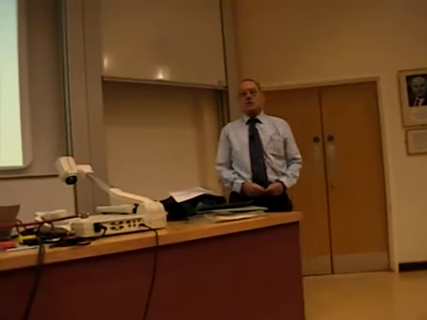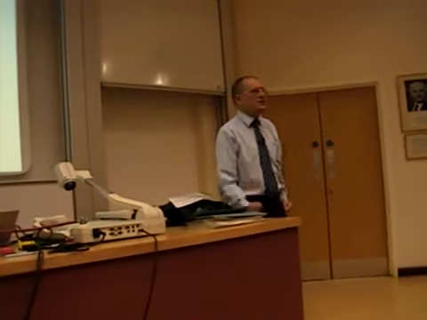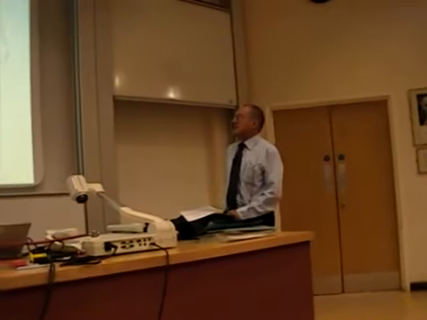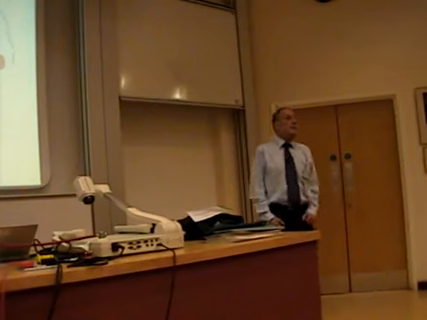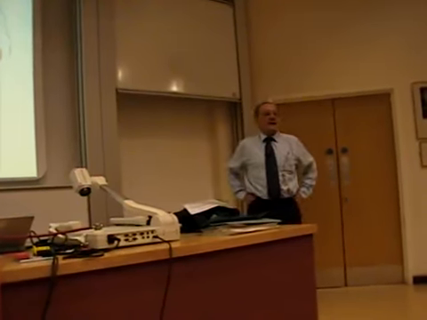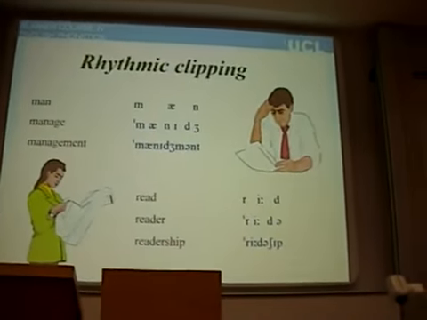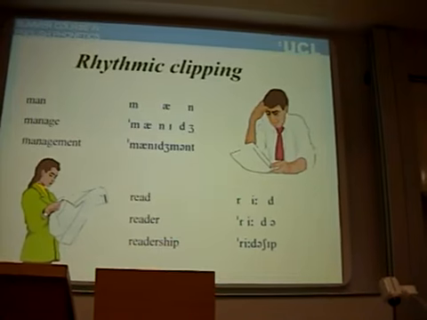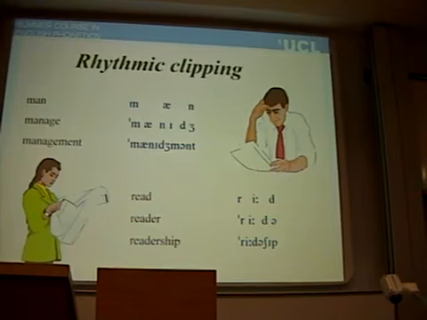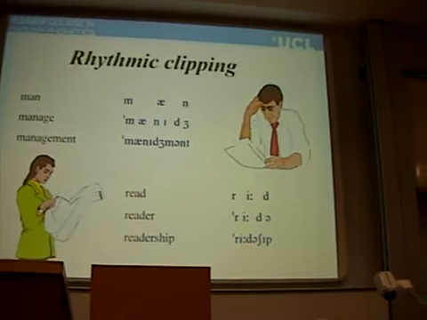English has a tendency towards isochrony. Now, it's not an iron rule, it's not metronomic, we don't have to do it absolutely exactly, but it is a tendency. And this means that if we have a word like man, and compare it with a word like manage, and compare both of them with a word like management, there is a tendency for each of those words to occupy the same amount of time, because they have to fit into the same rhythmic slot.